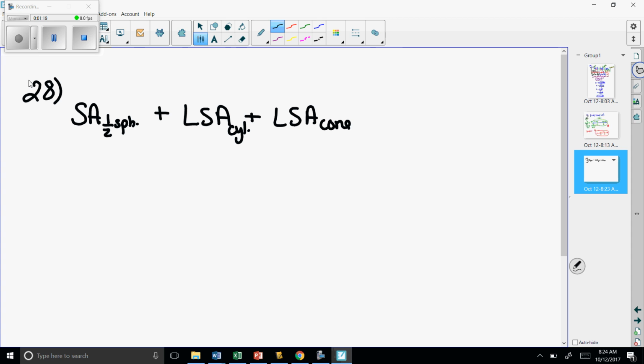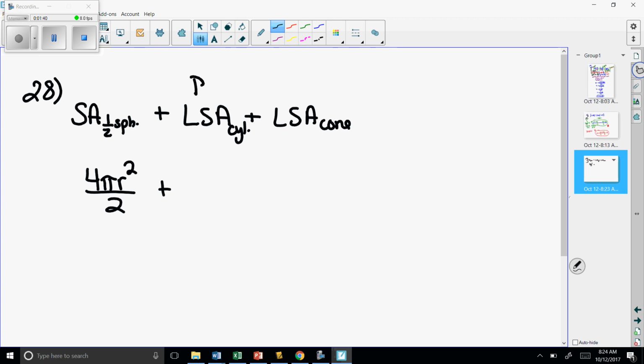Okay, so now we need to back up and say, what about formulas? What's the formula for surface area of a sphere? 4 pi r squared. But how much of it do we want? Only half, so we're going to divide by 2. What is the formula for lateral surface area of a cylinder?